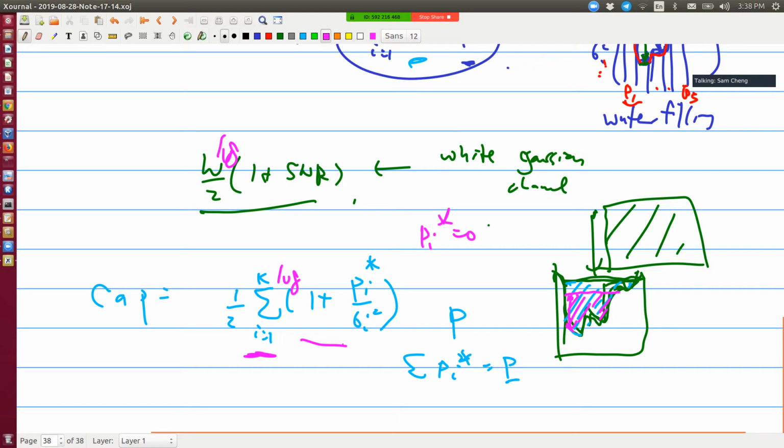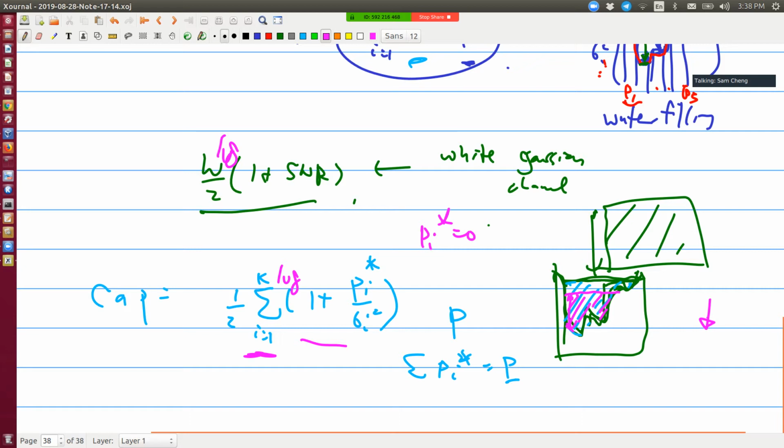Because P1 doesn't have a contribution there, the capacity will be decreased. When you decrease the power, you expect the capacity to decrease. That's reasonable, right? But the question here is, what's the optimum capacity?